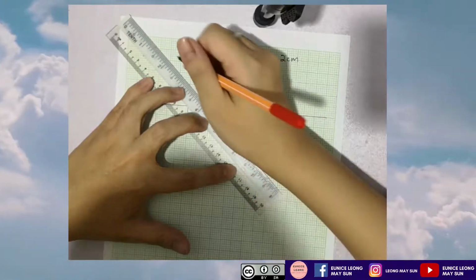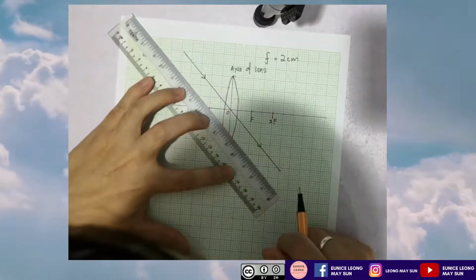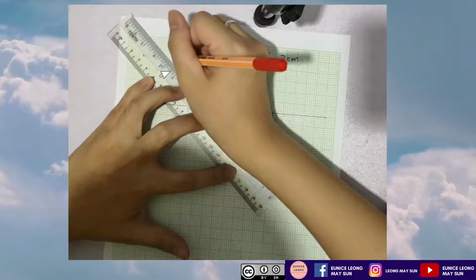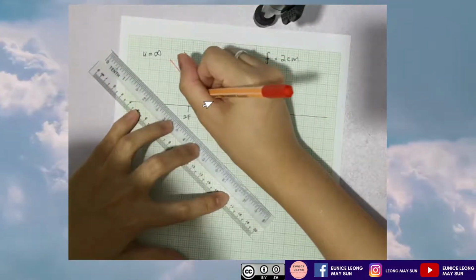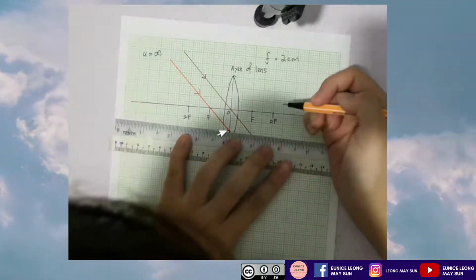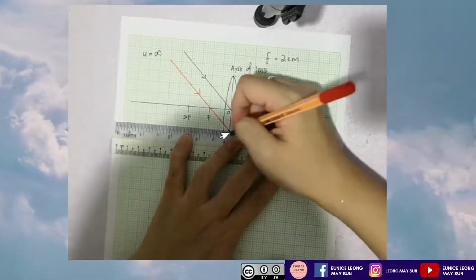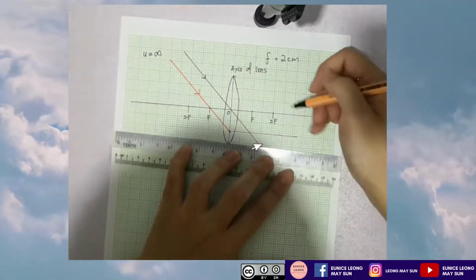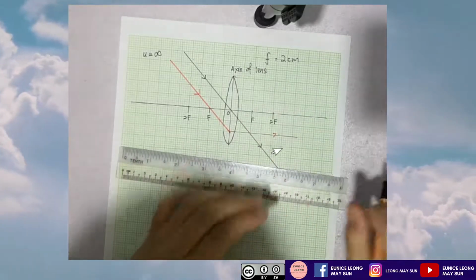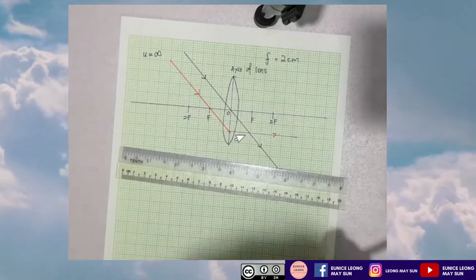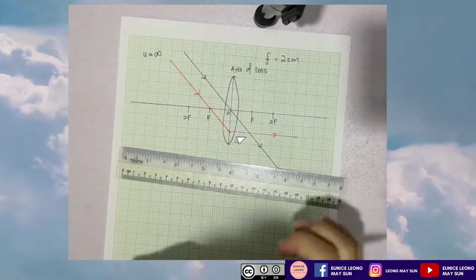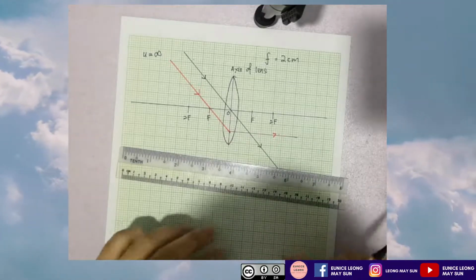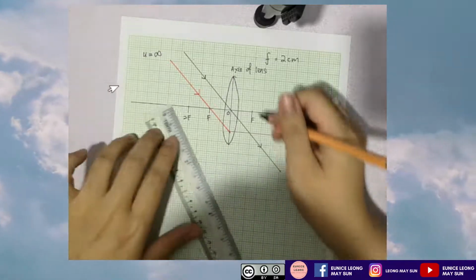So now I'm passing through the focal point, and from parallel, the ray passes through the focal point, stops at the axis of the lens, and then goes parallel to the principal axis. Draw the arrow as well. As you can see, there's an intersection point over here, but for practice purposes, I'm going to draw the third ray as well.